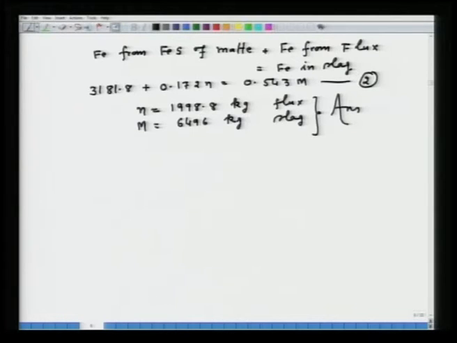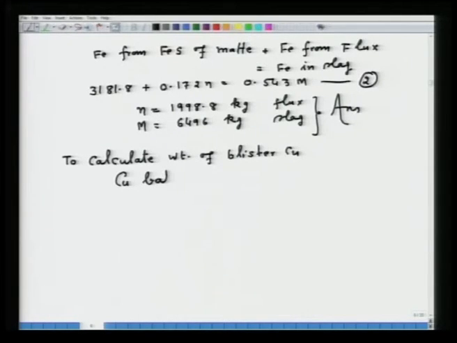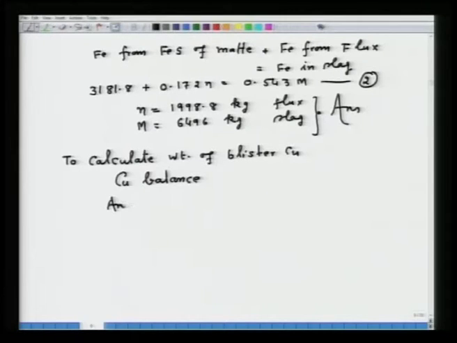Now, next we have to calculate the weight of blister copper and percentage copper recovery. To calculate the weight of blister copper, you will do a copper balance. Consider the copper from all sources which is entering and leaving, and if you do that, the copper balance comes to 3788.